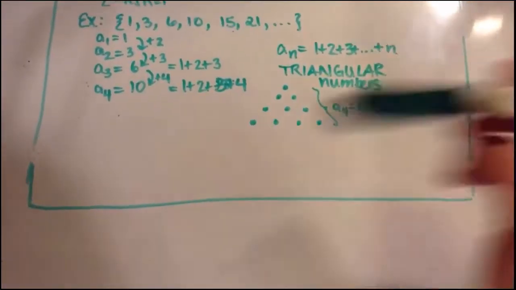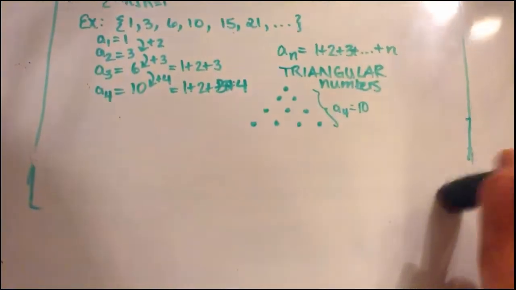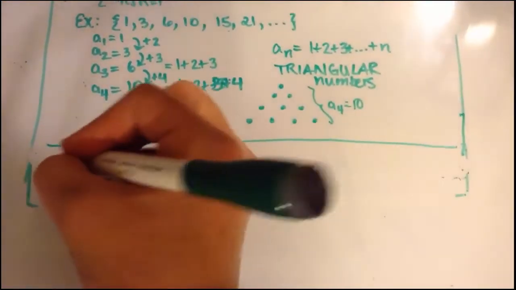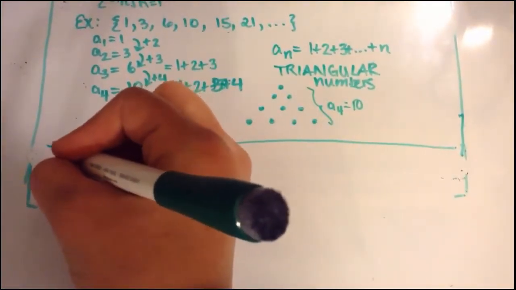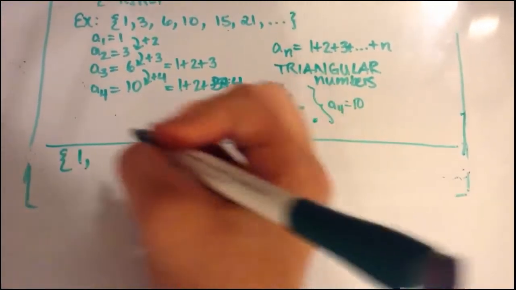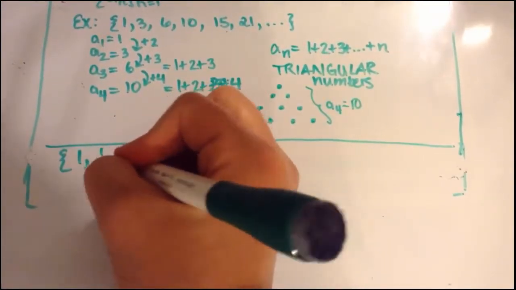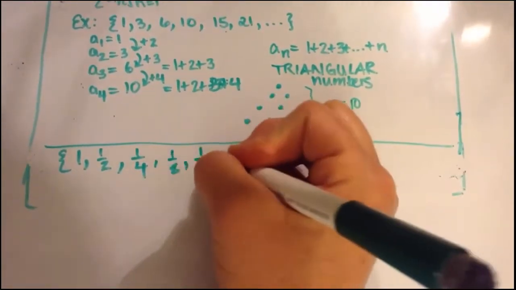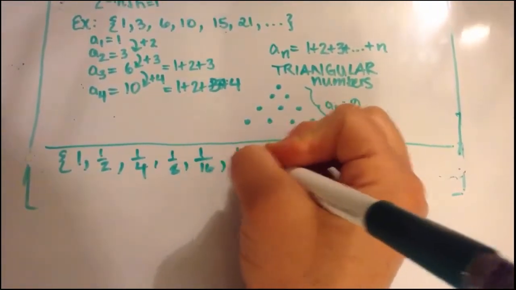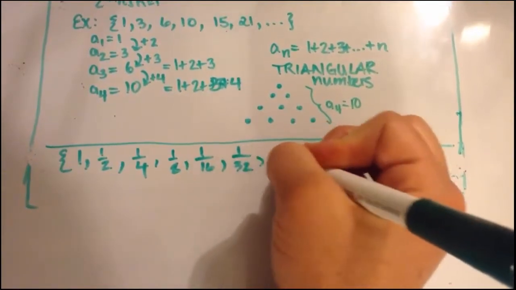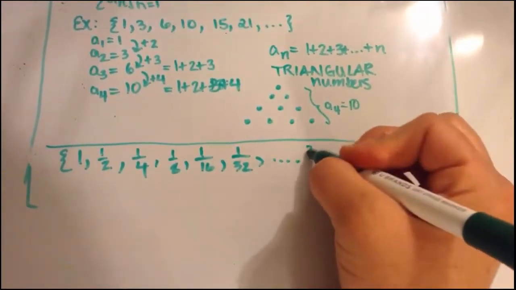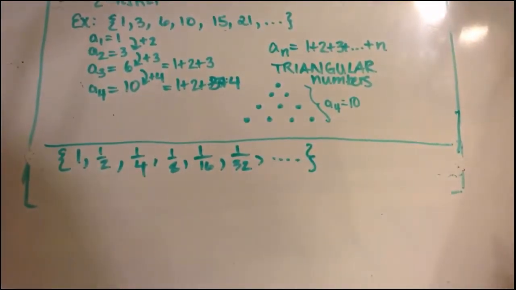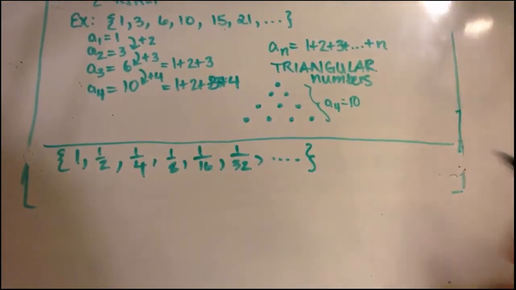Another example that might be familiar to you is the following sequence: 1, 1/2, 1/4, 1/8, 1/16, 1/32, and so on and so forth. What do we think is going on here?